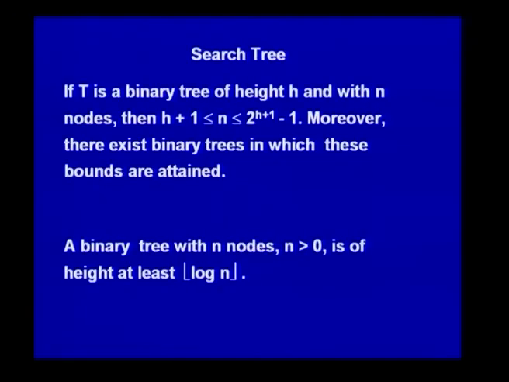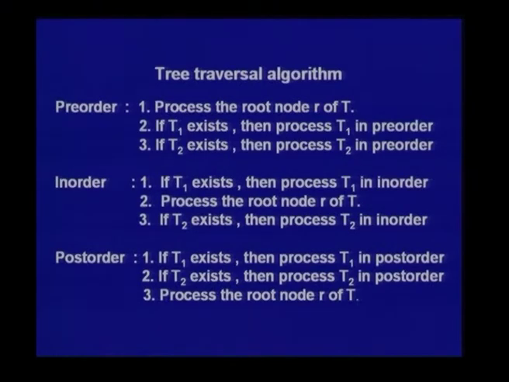In the pre-order traversal, process the root R of the T, then if the left subtree exists, then process T1 in pre-order, and if T2 exists, then process T2 in pre-order. T1 is the left subtree, and T2 is the right subtree.